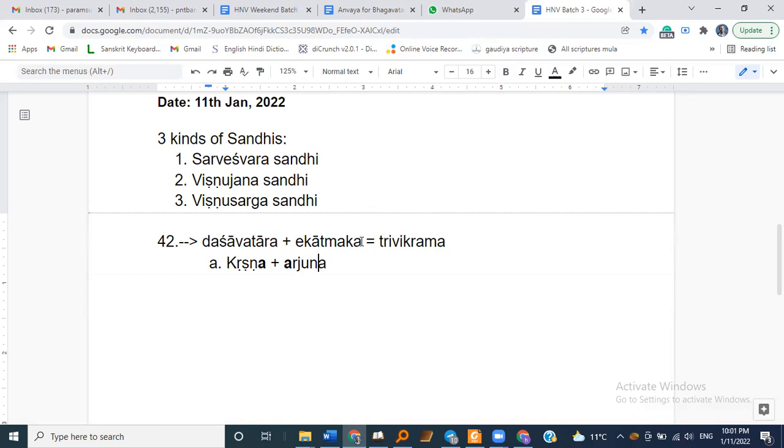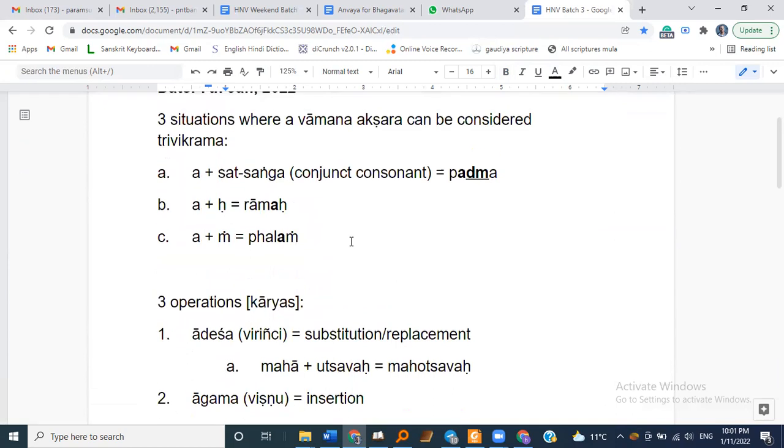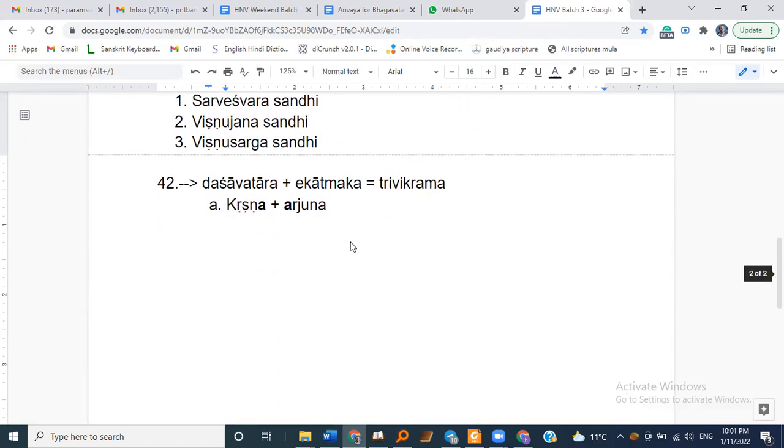So in ekatmakas, we studied the four possibilities. A and A are ekatmakas, which means that A is equal to A, Vamana A is equal to Trivikrama A, and Trivikrama A is equal to Vamana A. All these four possibilities are there.